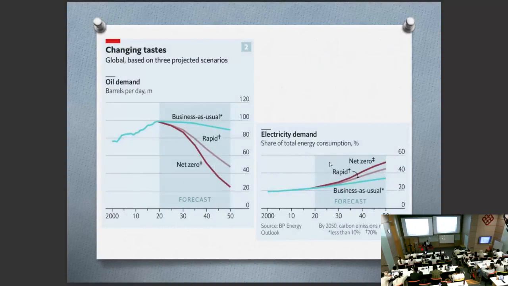Oil demand will be decreasing if we maintain net zero emissions, but the electricity demand will be higher, because electricity is a higher level energy. For wind, solar power, and hydraulic power, we can convert them into electricity.